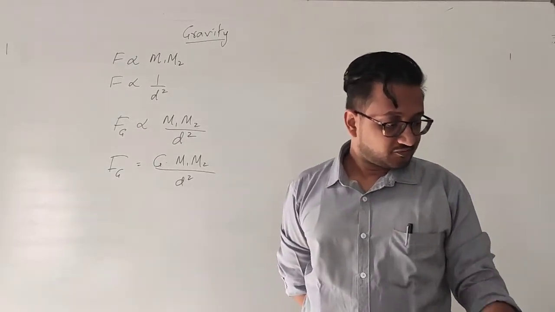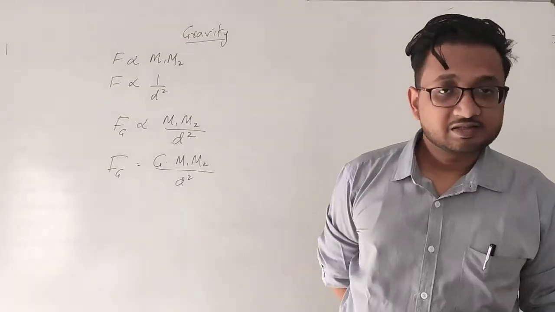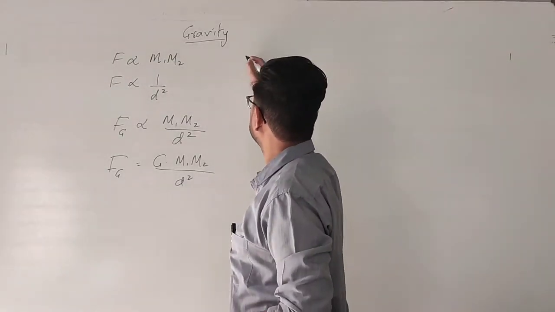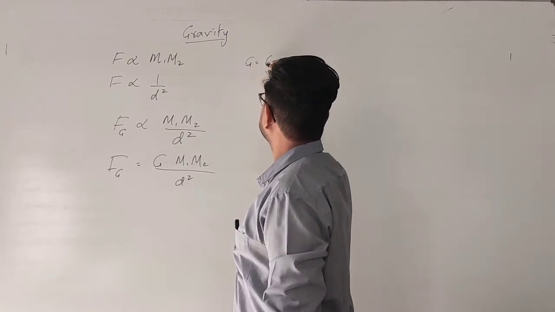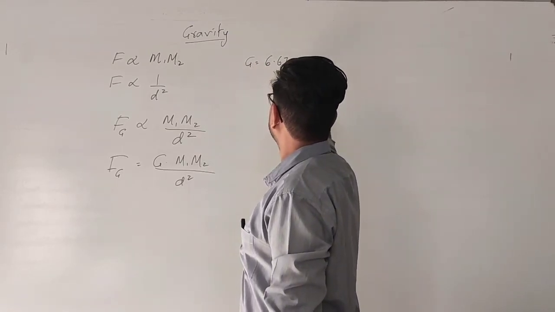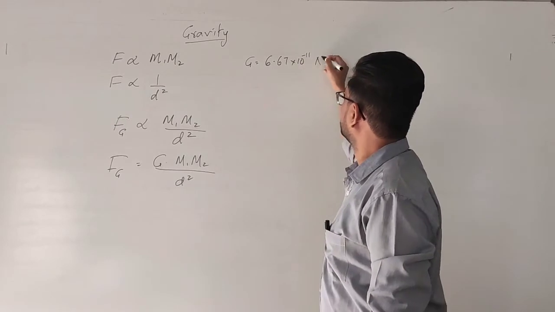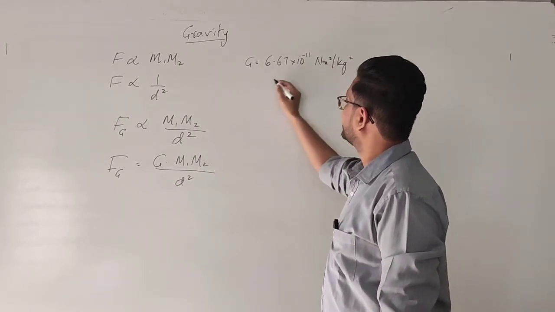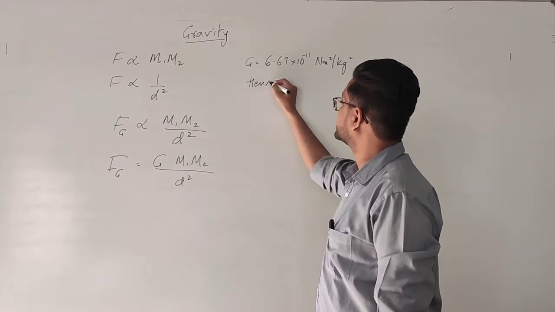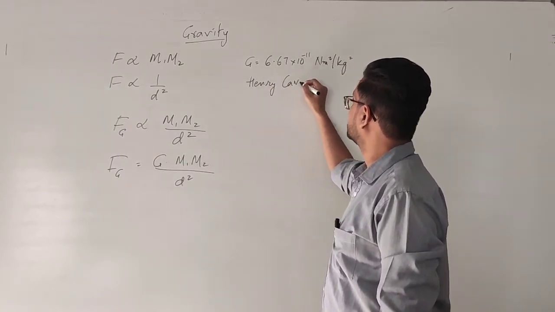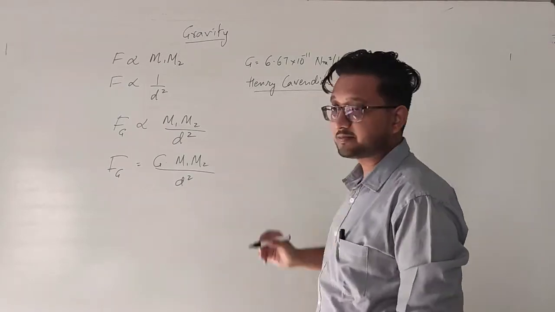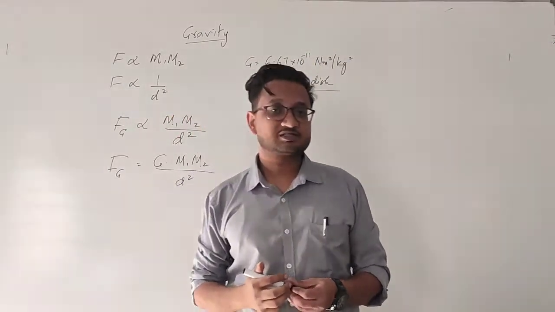Okay. And its value was given by Henry Cavendish. The value of gravitational constant G, that is 6.67 into 10 raised to minus 11 Newton meter square per kg square, was given by Henry Cavendish. Okay. Don't forget this name.